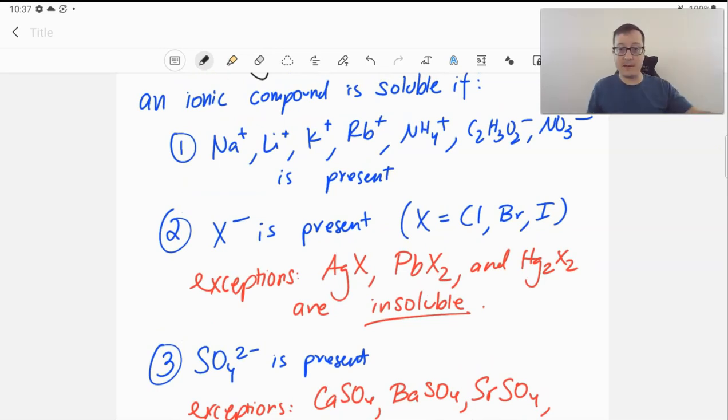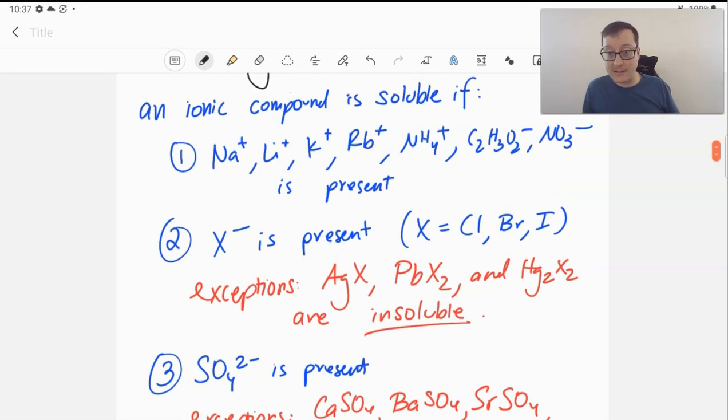So sodium, lithium, potassium, rubidium, ammonium, acetate, and nitrate are always spectators. Ammonium, we'll worry about that later because that one can do some weird stuff, but the rest of them are always spectators, no exceptions. So we can interchange them. Switch out your sodium for lithium or potassium or rubidium, no problem. Your reaction will work exactly the same way.